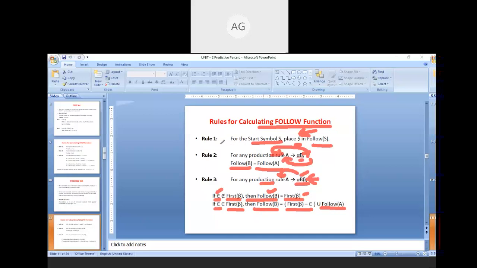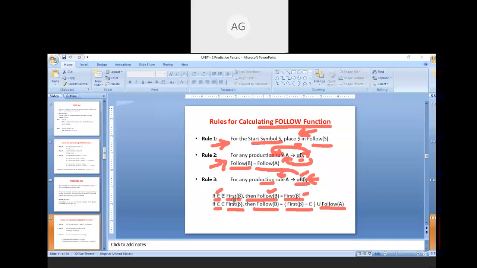So the first rule is that you need to place the dollar symbol in the follow of the first symbol. The second rule is this: if there is no symbol after the non-terminal, then it will take the follow of the symbol which produces it. And the third rule consists of two parts.